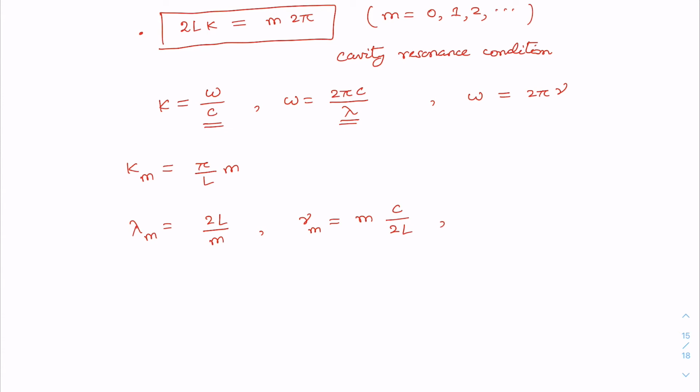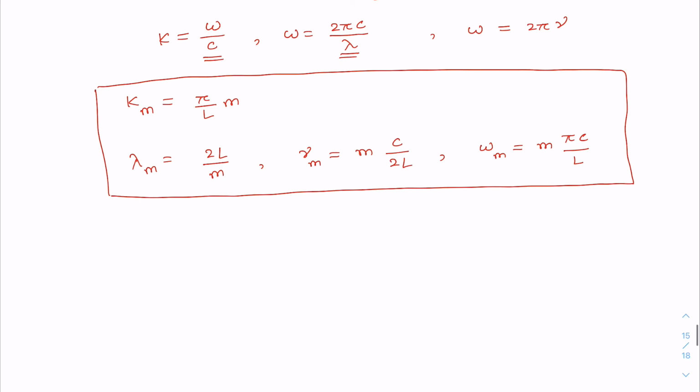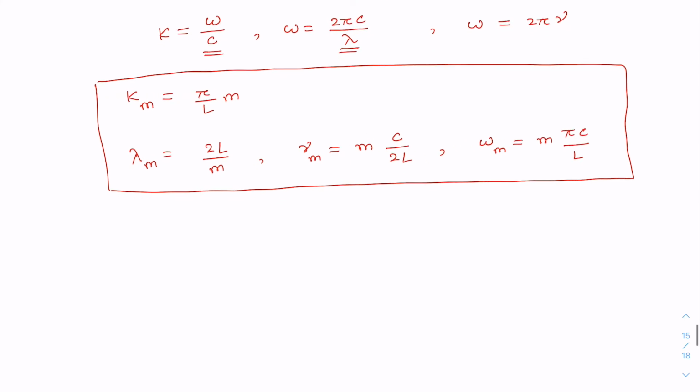Or we can also write omega_m is equal to m into pi c by L. So these are the same conditions written in different forms, and all these forms are useful depending on the situation.